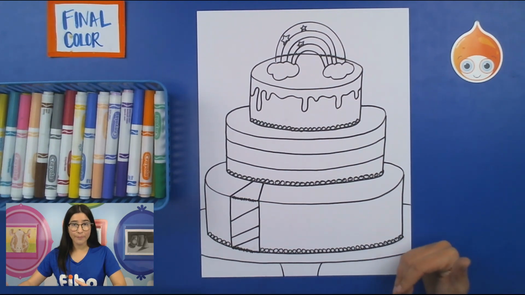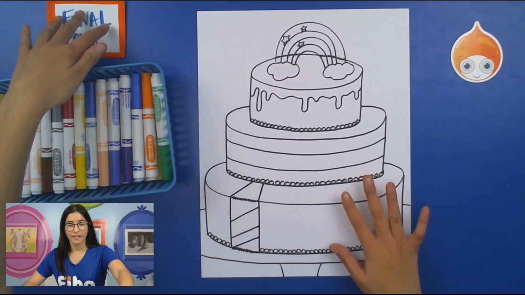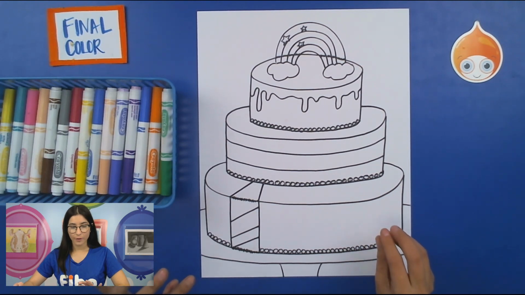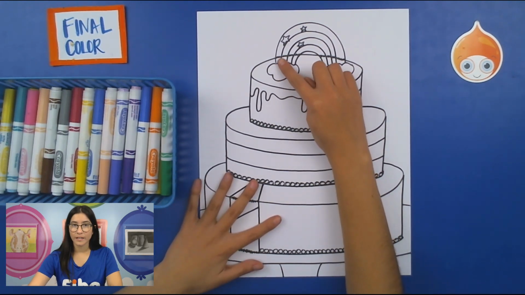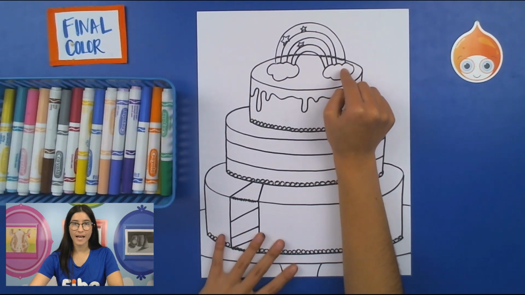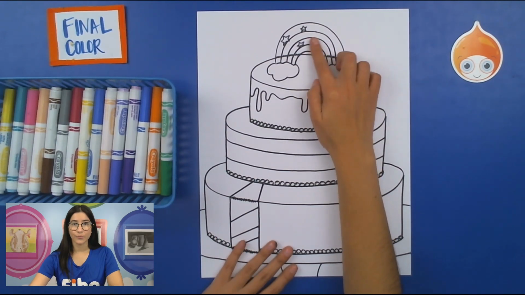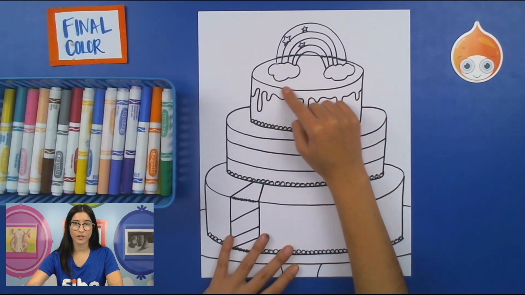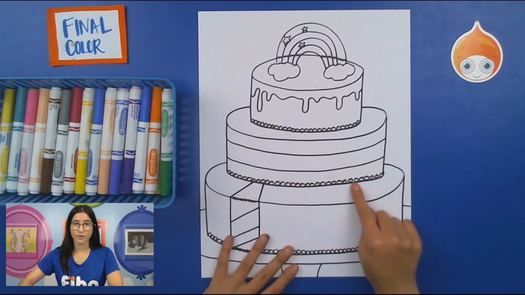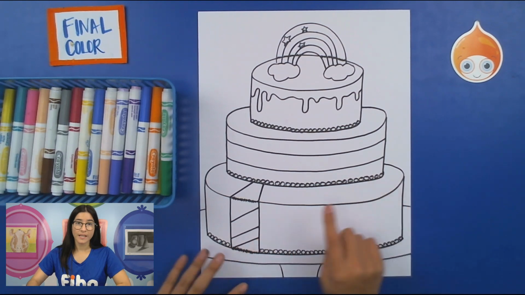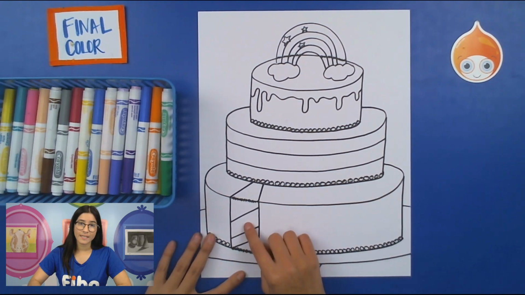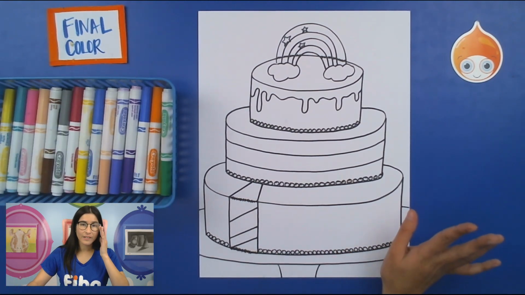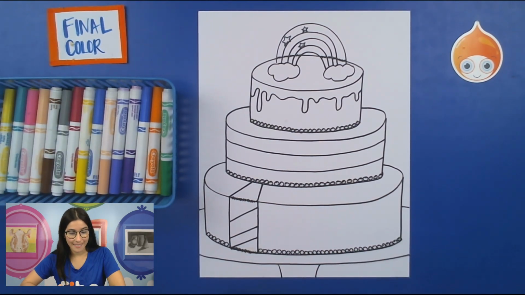So for my project, as you can see, I don't have too many small areas, but I'm going to be coloring in the rainbow and little syrup or fudge here dripping down, and my small circles with my markers. I also have a little bit of filling inside, and I'm going to be coloring that in with my markers as well. And then everything else I'm going to leave for chalk pastels.